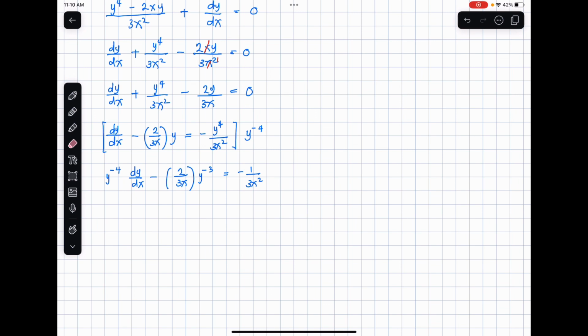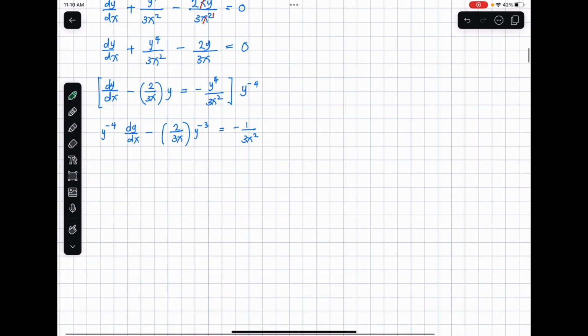This time around, we make this one linear. To do that, we need to substitute. It's not linear because it's y raised to negative 3, so I'm going to let v be y raised to negative 3. Afterwards, we derive this with respect to x.